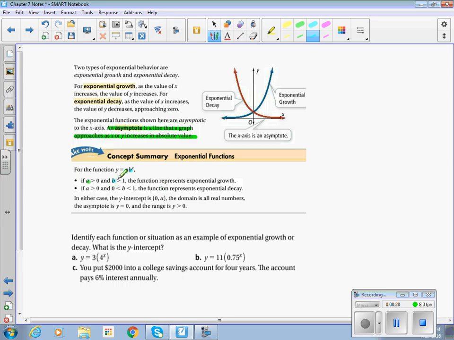The important part is the b part, because for both situations a is greater than 0. And if a is greater than 0 and b is in between 0 and 1, then we have decay.